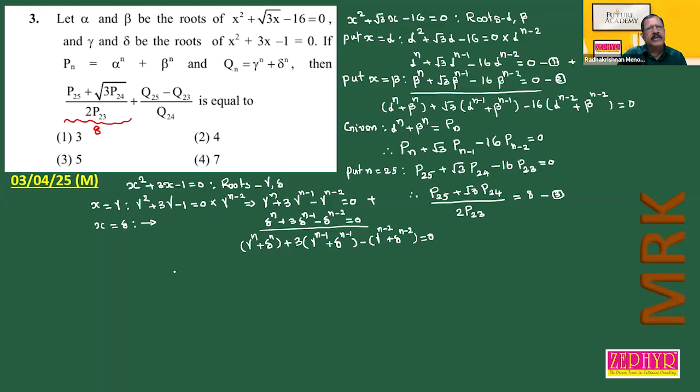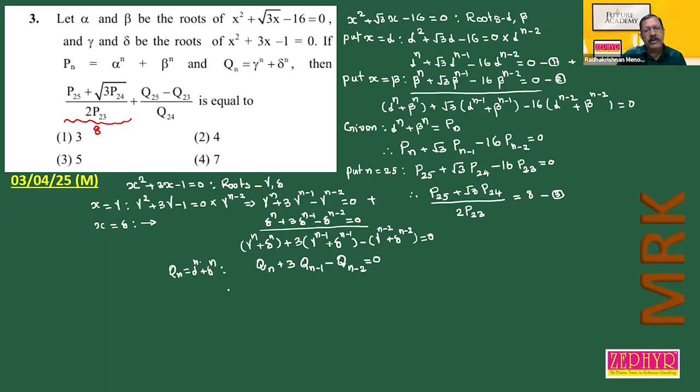Now, what is Qn? Qn equal to gamma raised to n plus delta raised to n. So this will be Qn. Second term, 3 Qn minus 1 minus Qn minus 2 equal to 0.